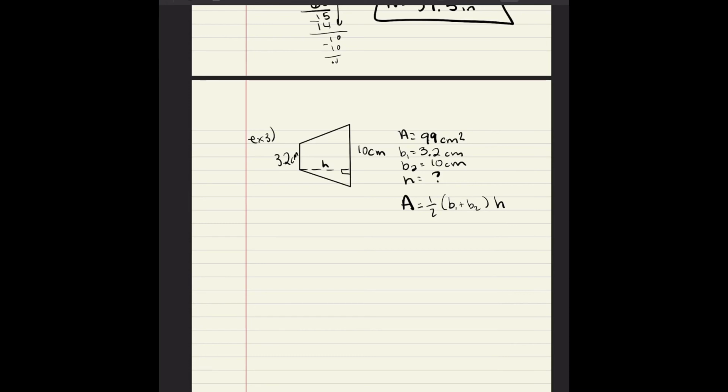So we need to plug in what we have. So we have 99 equals a half times (base 1 plus base 2) times h. Now how do we solve from here is the question.